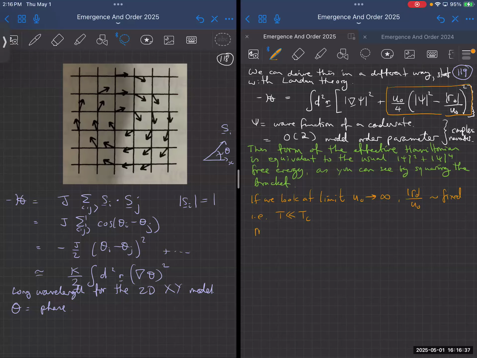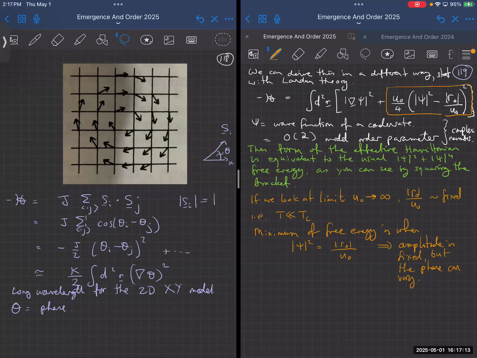So the minimum of the free energy is when psi squared equals the absolute value of r_0 over u_0, and so that means that the amplitude is fixed, but the phase can vary.